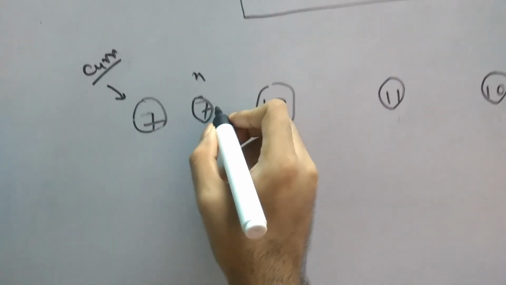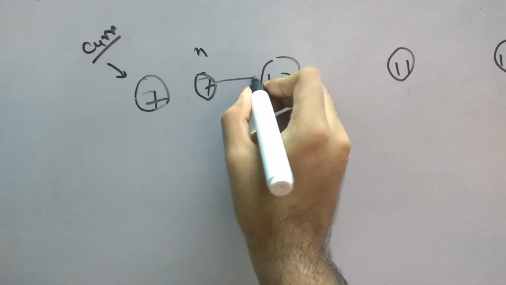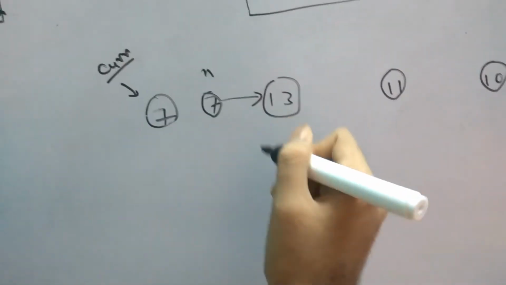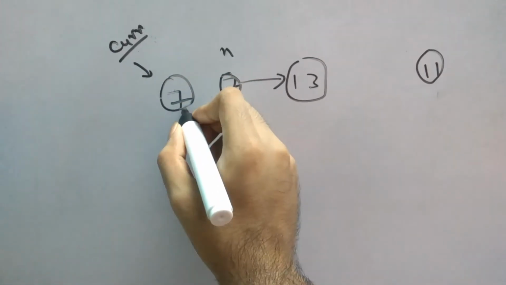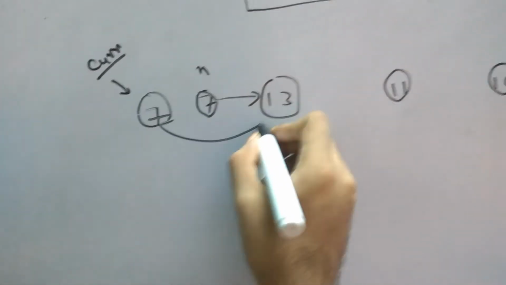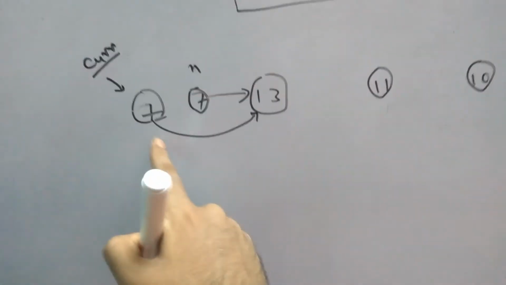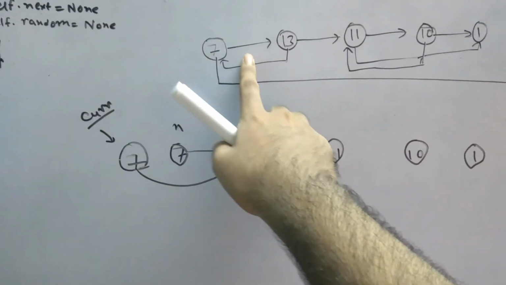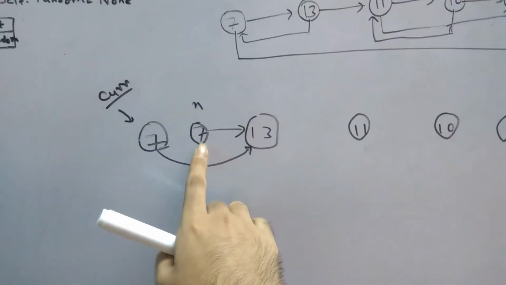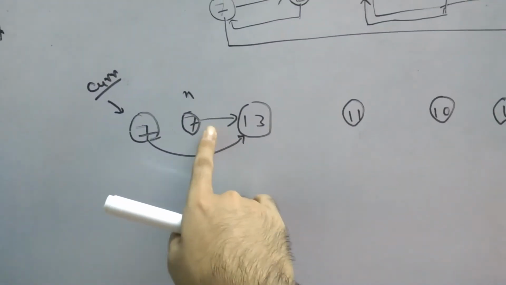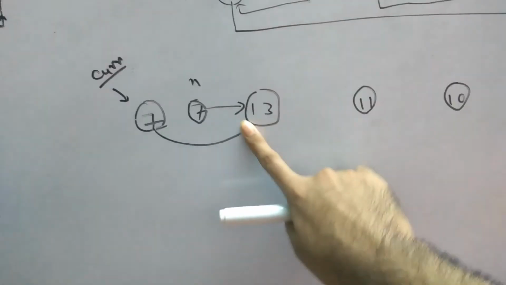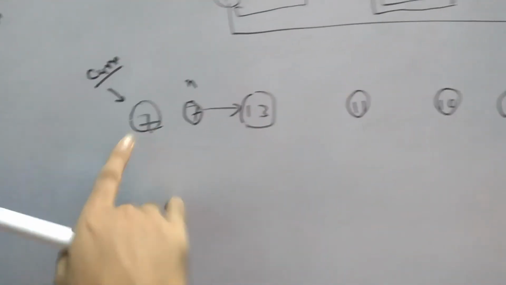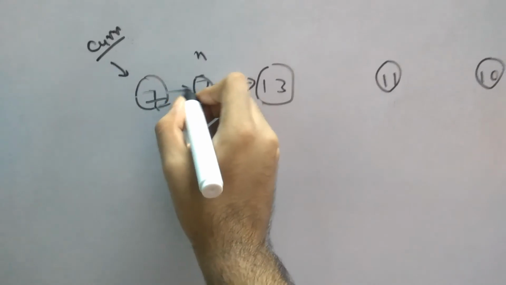We will connect this new node with this one. Previously this node was connected like this, right? You can see this is connected like this. But as we have connected new node's next as current dot next, we have to remove this and connect the next to this node.